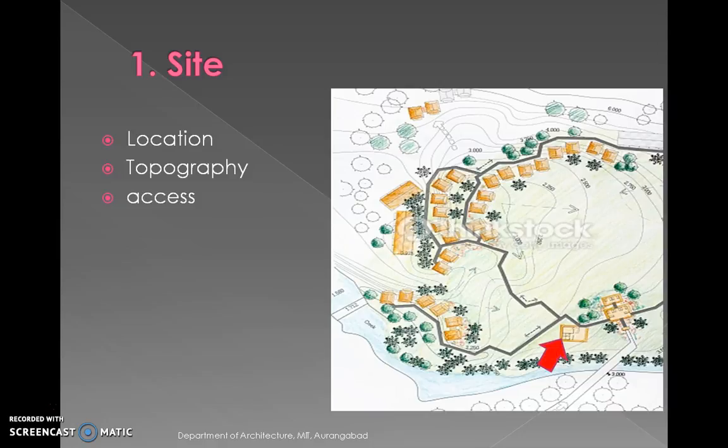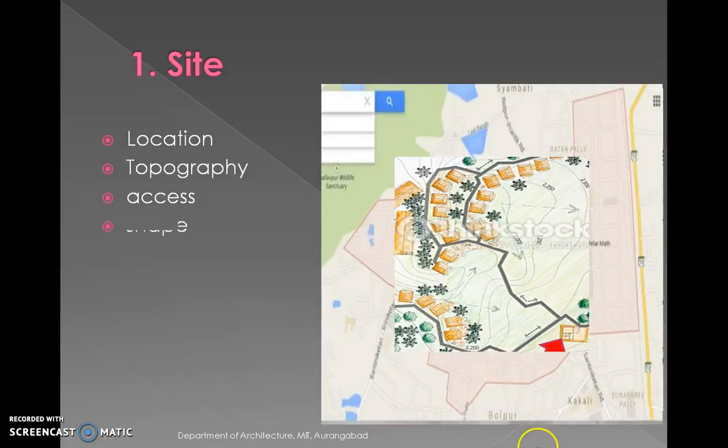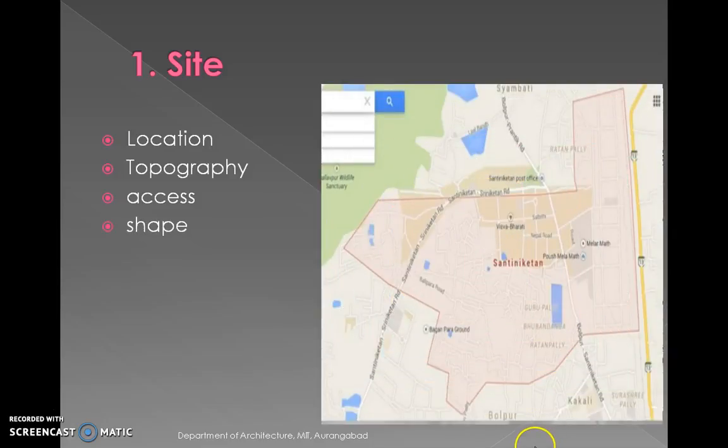The access or approach to the site from the main road has to be clearly defined. What is the shape of the site? Whether the site is a square, a rectangle, an irregular hexagon, pentagon, or of an irregular shape.